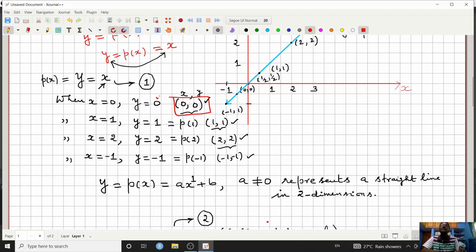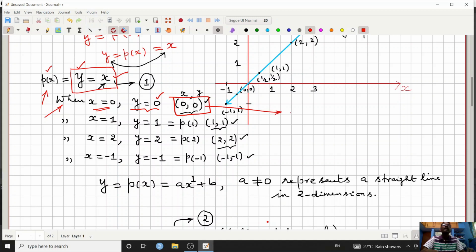The y becomes 0 only when x is equal to 0. When you substitute x equal to 0, you get y equal to 0. Whenever y becomes 0, that y is nothing but p of x, the value of the polynomial. Okay, let us write here.